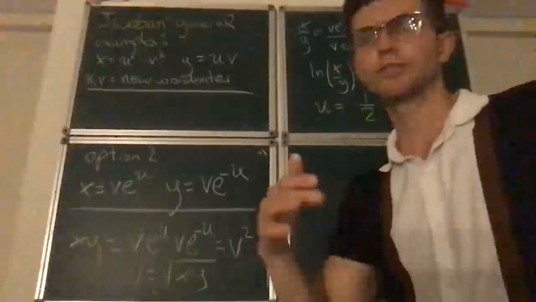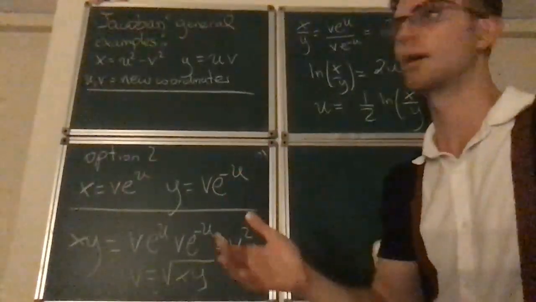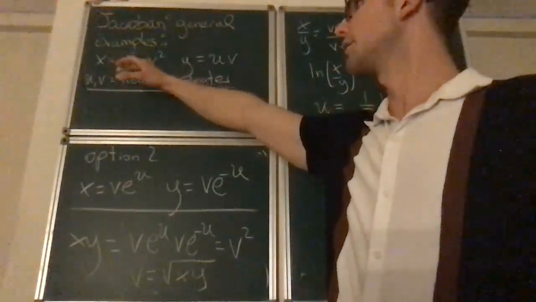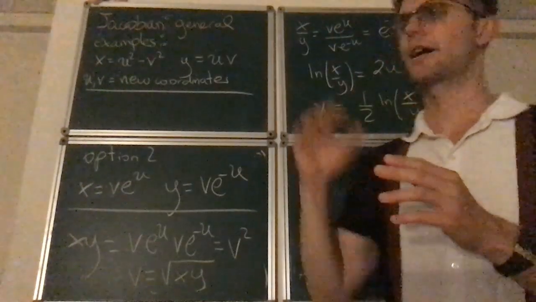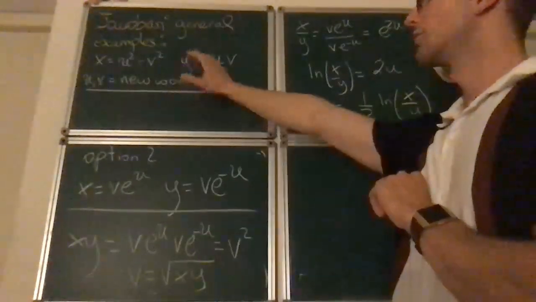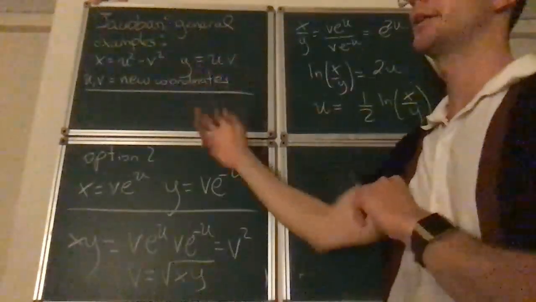This is analogous to how we wrote r and theta in terms of x and y in the case of polar coordinates. But actually, if you try this out here, you'll see that it's not easy to write u and v as functions of x and y here.